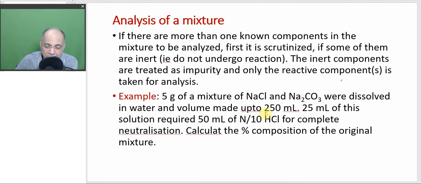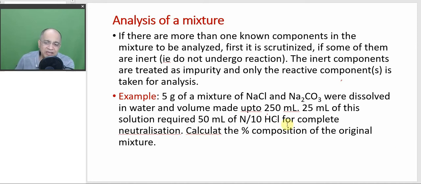So the stock solution is now 250 ml. And from this, 25 ml of this solution required 50 ml of N by 10 HCl for complete neutralization. Calculate the composition of the original mixture.